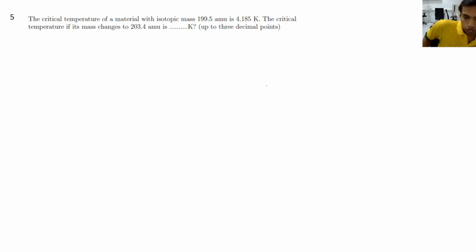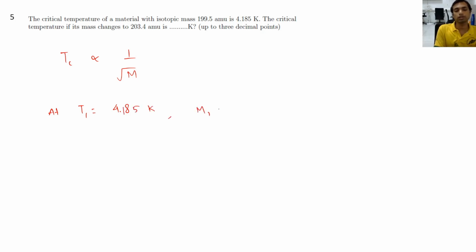So the way you solve this question is you need to know the fact that the critical temperature Tc is inversely proportional to the square root of the isotopic mass. So you are given T1 is equal to 4.185 Kelvin. Your isotopic mass M1, let's say, is 199.5 atomic mass unit.